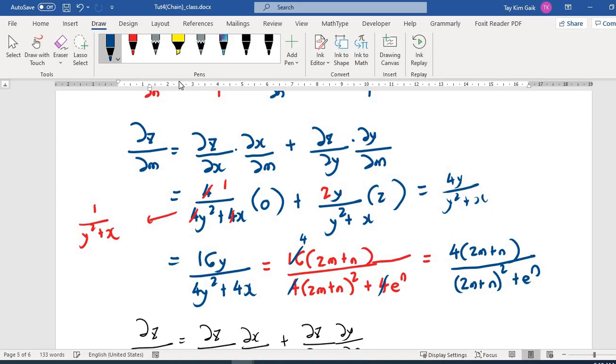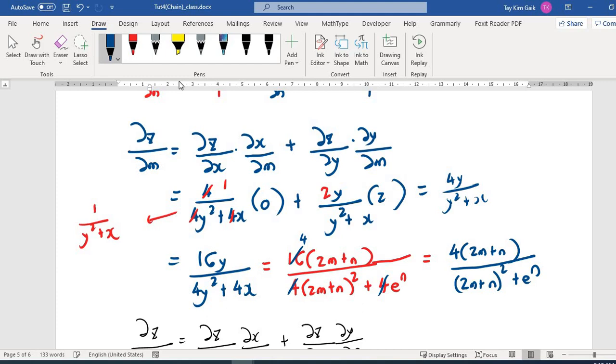So y is here, 2m plus n. So y squared, x is exponent n. If I didn't simplify beginning, okay, this one becomes 0. So that if I didn't simplify, that's why my answer here, 16y over 4y squared plus 4x. And then I actually, same thing, I just replace y is here, 2m plus n.